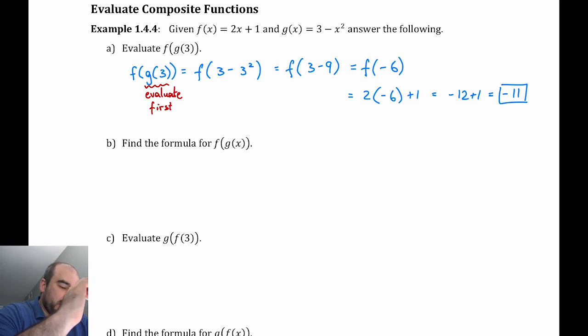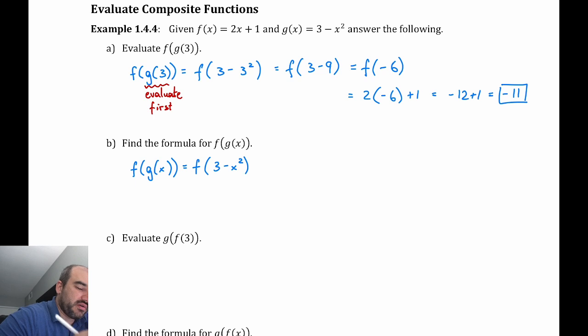The second example is a little bit more involved because we are not working with a number. Instead, we're just working with x. So we're going to work from the inside out, but we're going to be plugging functions into functions here. So f of g of x will be f of, and instead of g of x, I'm going to write out what g of x represents, which is 3 minus x squared.